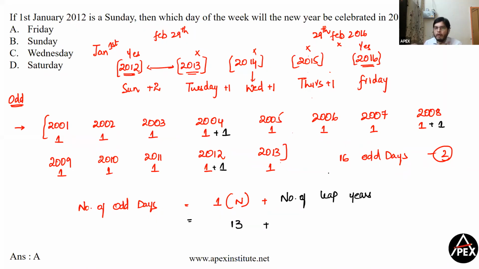Plus how will we determine the total number of leap years? 13 by 4. Okay, fine. But you are getting a decimal here. So you can determine the number of leap years by considering only the integral part of this. So 13 plus, what is the integral part? Do you know what the integer part is?